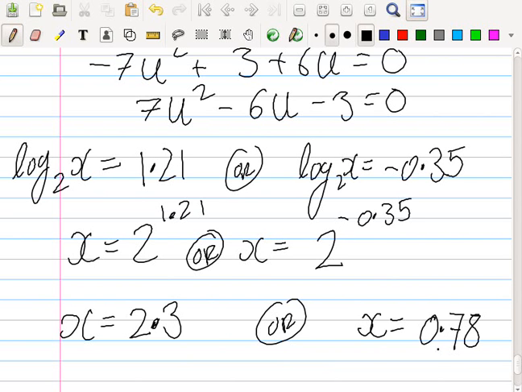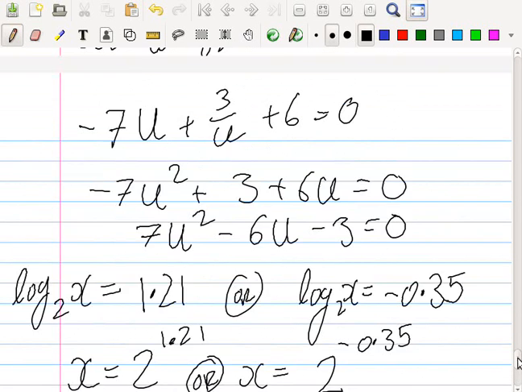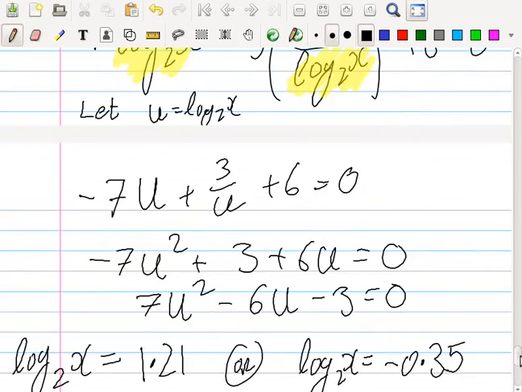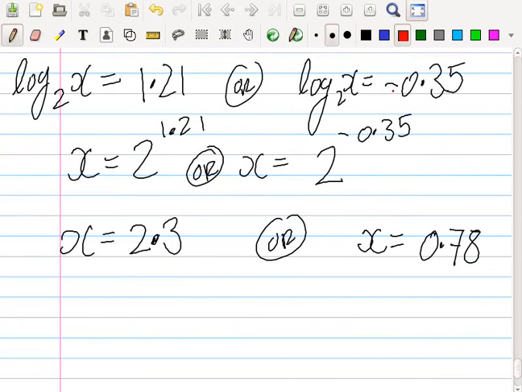Now, can we use both of these answers? Yes, because at the very beginning I said we're only allowing x to be positive, and both these answers are positive, which means you accept both of them. My advice also is you should put these answers back in to check that they work, but not necessary right now.